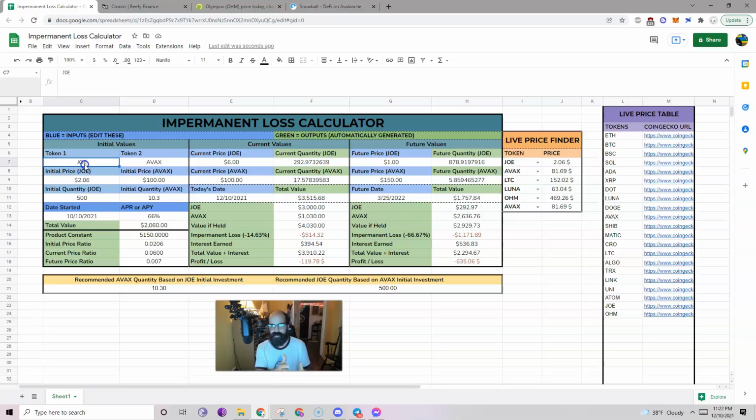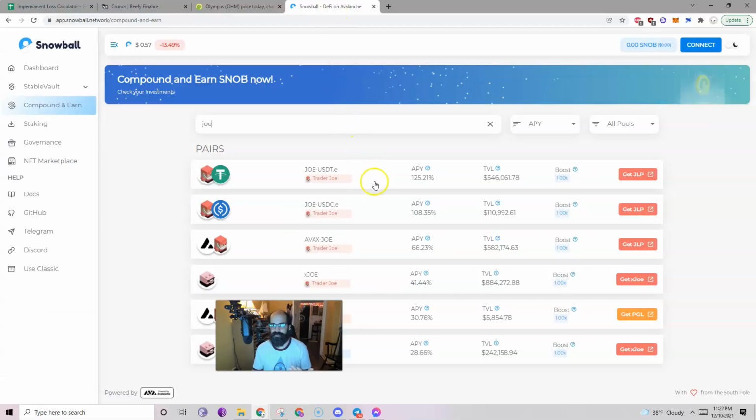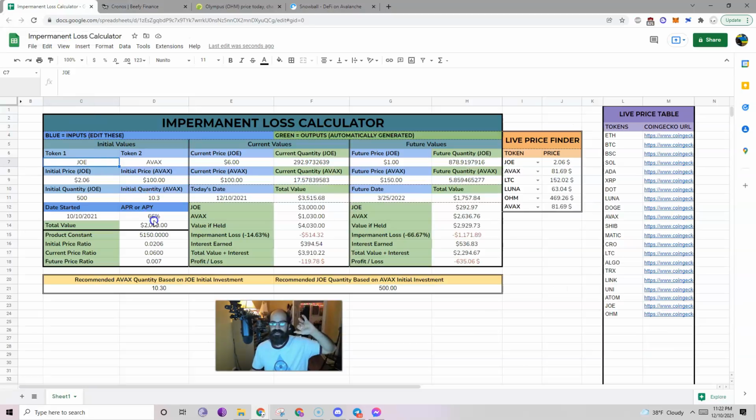Let's look at a common-ish pair, which is like JOE-AVAX, right? You can find this on Snowball with an APY of 66.23%, which is like an APR of 62%. They're not going to be too far off. With higher APYs, there's going to be some issues with the projections because APY functions a little bit differently than APR.